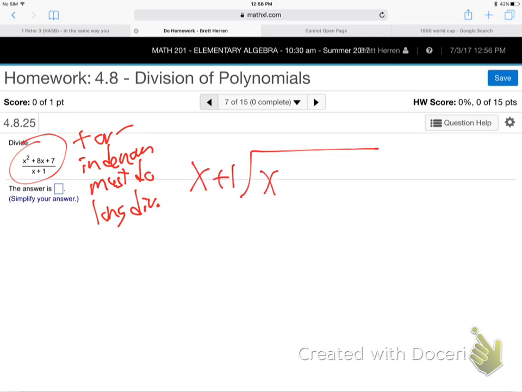Now these are the hard ones. Okay, give it a go. So do it just like number long division. Look at the front and the front. What times the front will match the front.